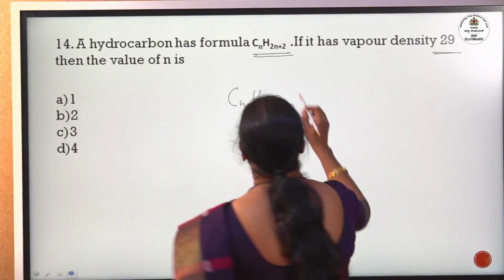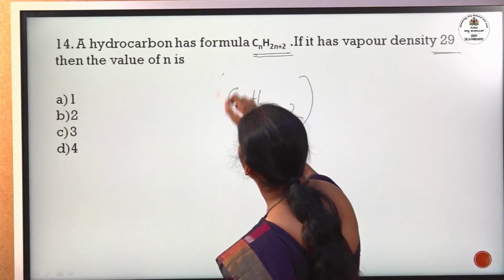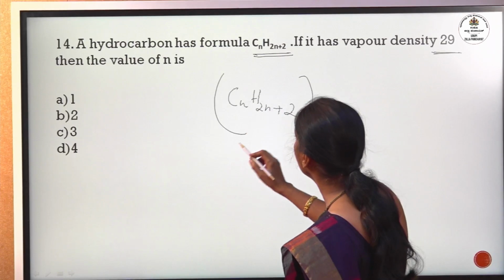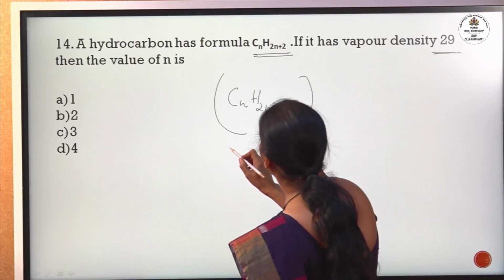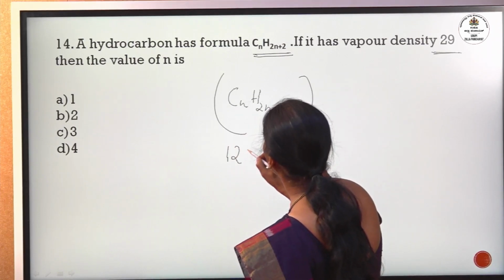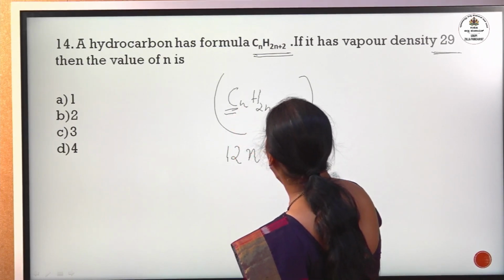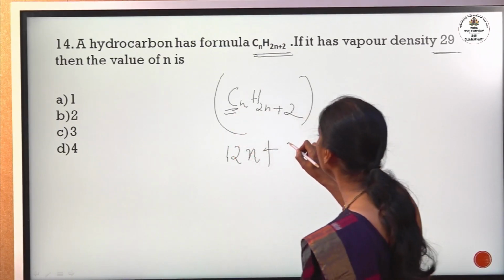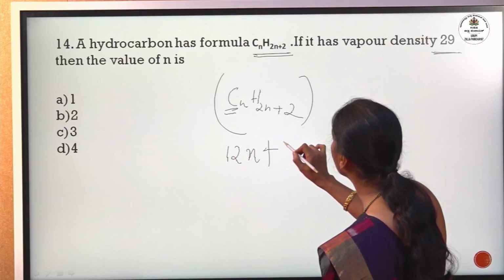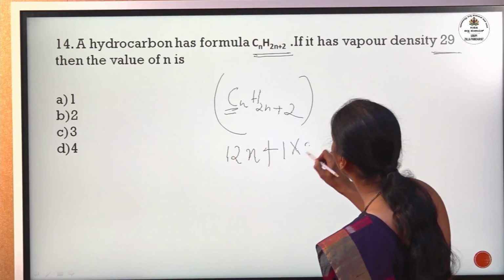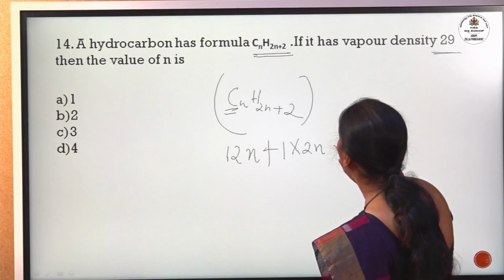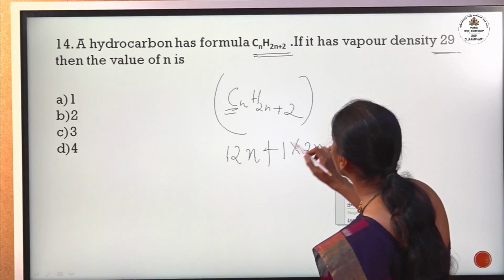Now we will calculate the mass of this formula. Carbon atomic mass is 12, so 12 into N plus hydrogen 1 into 2N plus 2.